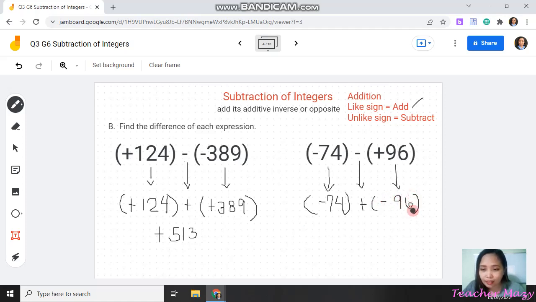And then let's use the procedure for addition of integers. Both of them are negative, so let's just add their absolute values. That is 74 plus 96, which is equal to 170. And their signs are negative, so the sum is also negative.